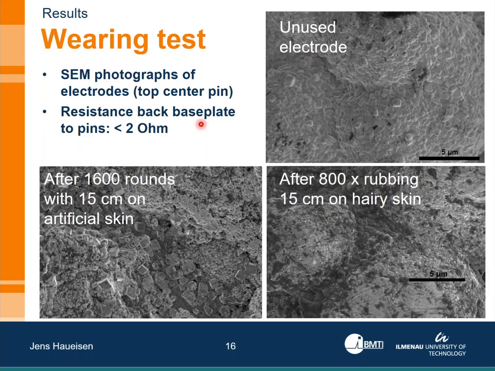And I can tell you that at least about 2,800 times 15 centimeter is doable, and you still have coating on your pins, and you still have contact, that means resistance below 2 ohm. In most cases, actually, it's 3,200 rounds, or 3,200 times moving up and down. You don't want to do it in one round, so we spread it over a few days.